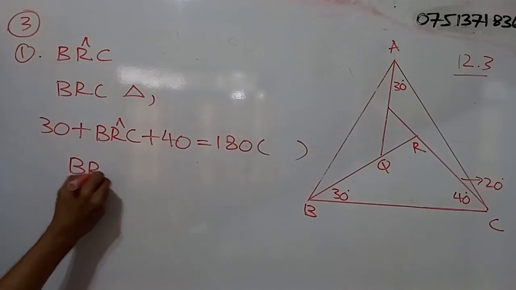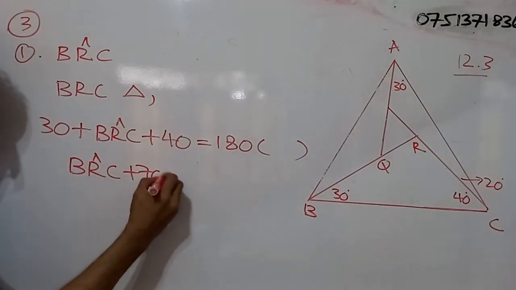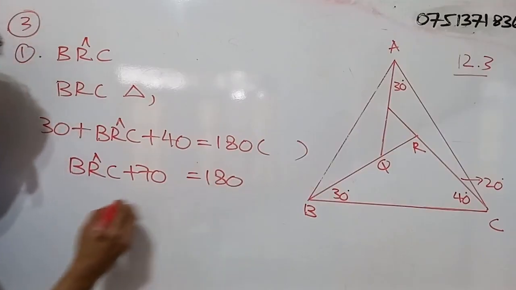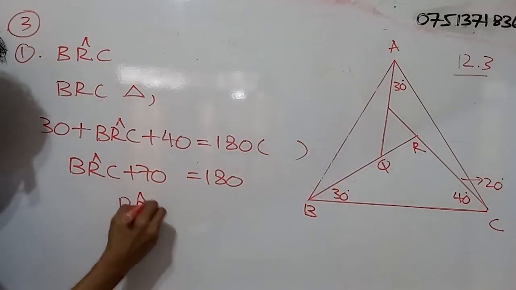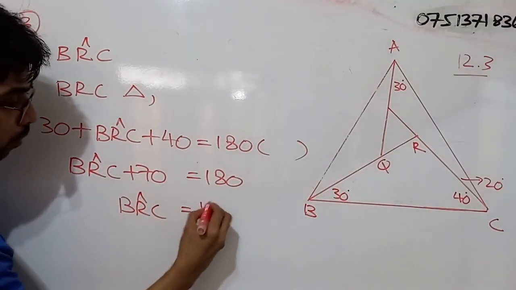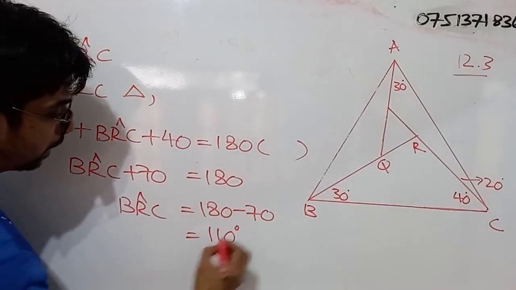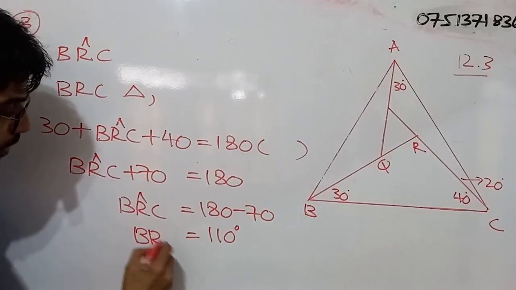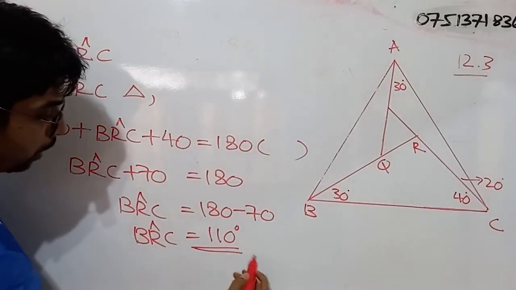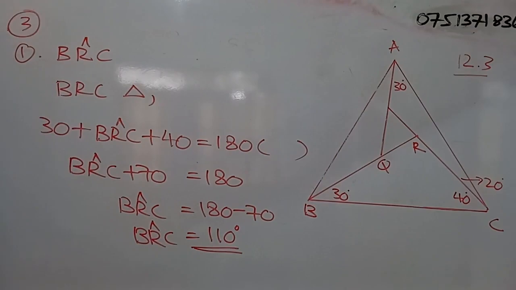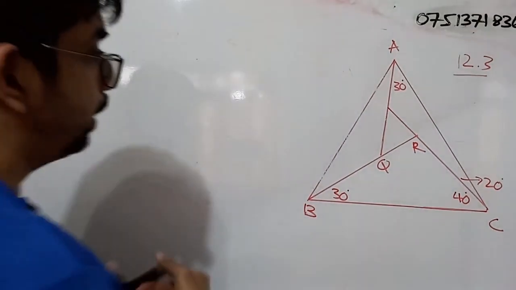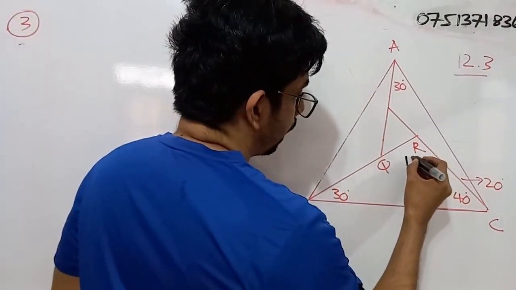So BRC plus 70, that is equal to 180. That means angle BRC is equal to 180 minus 70, which is 110 degrees. So just as before, keep in your mind to write down the unit. Okay, so here we will write R as 110.